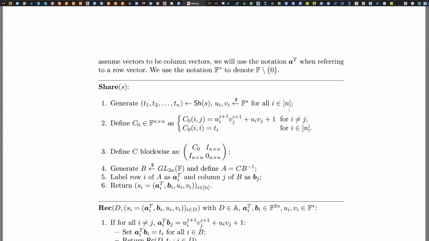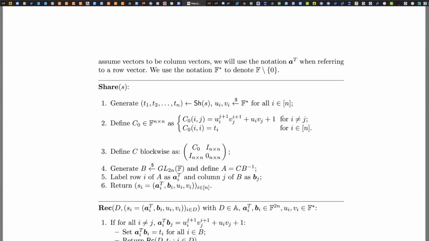they're going to define a block of some matrix. So C0 is taken from the invertible matrices whose entries are taken from the field F. And the ijth entry is going to be ui^(j+1) vj^(i+1) + ui vj^(j+1) if i and j are not the same.